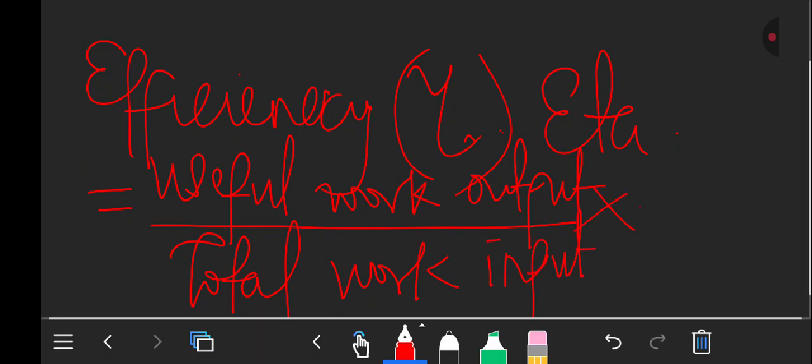We said it is expressed as a percentage, right? So we're going to say multiplied by 100%. So you can express efficiency using this formula.